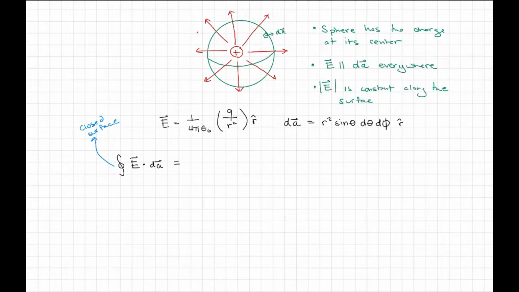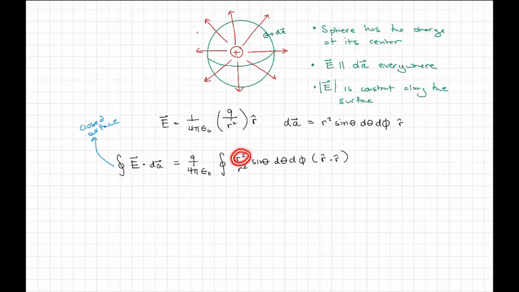And if I substitute in what I did into that integral, I get this. Okay, so some of this stuff I just pulled out because it doesn't depend on r, like the q.